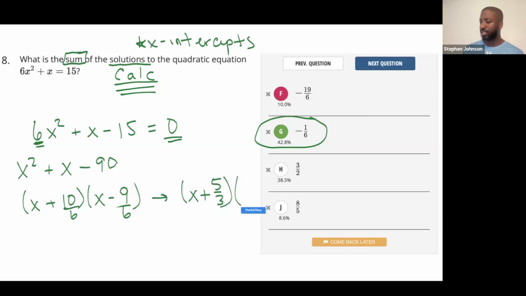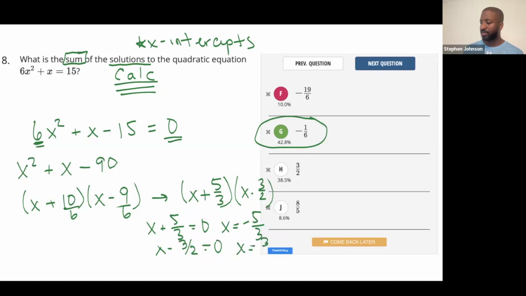And 9 over 6 reduced is 3 over 2. So x minus 3 over 2, which means our solutions are when we set x plus 5/3 equal to 0, which means x is equal to negative 5/3. And when we set x minus 3/2 equals 0, we have x equals positive 3/2.